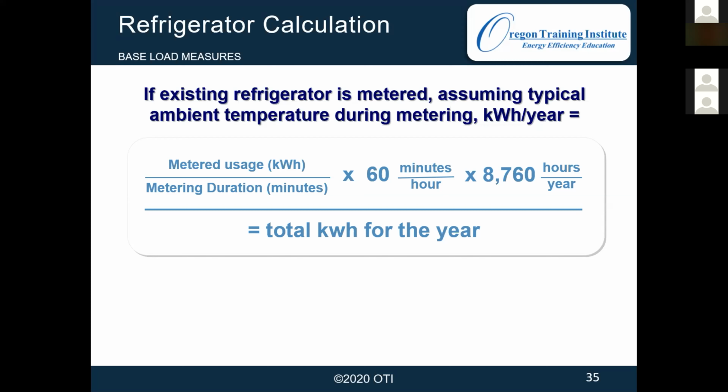If we got a nicer watt meter, it's going to do this math for us. And it'll just spit out kilowatt hours for the year. And if we want to know how much money that represents, then we just multiply by how much a kilowatt hour costs. Usually in the ballpark of about 10 cents, depending who the utility is.